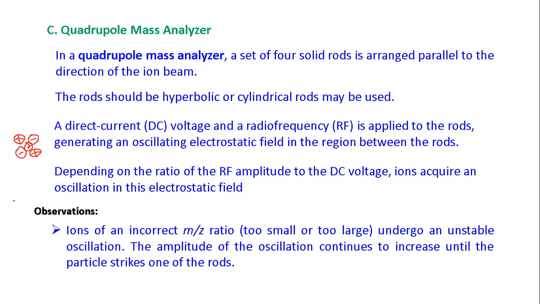So if the particle has high M by Z or very low M by Z, what you will see is an unusual oscillation, and finally it will strike the rod and it will be neutralized, or it will not reach the detector ultimately. Okay, so this can happen.